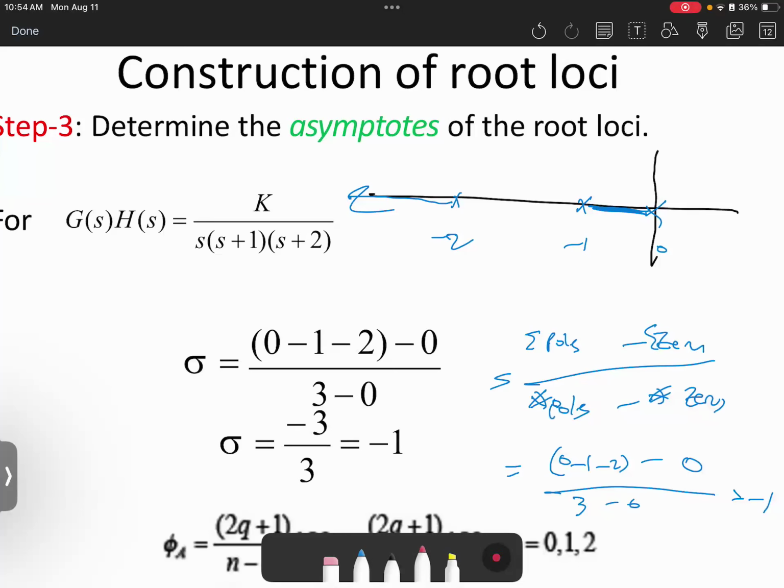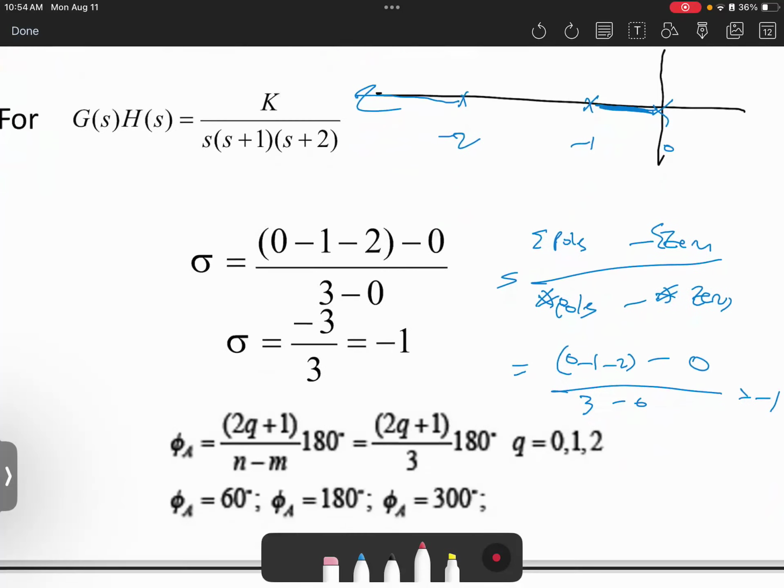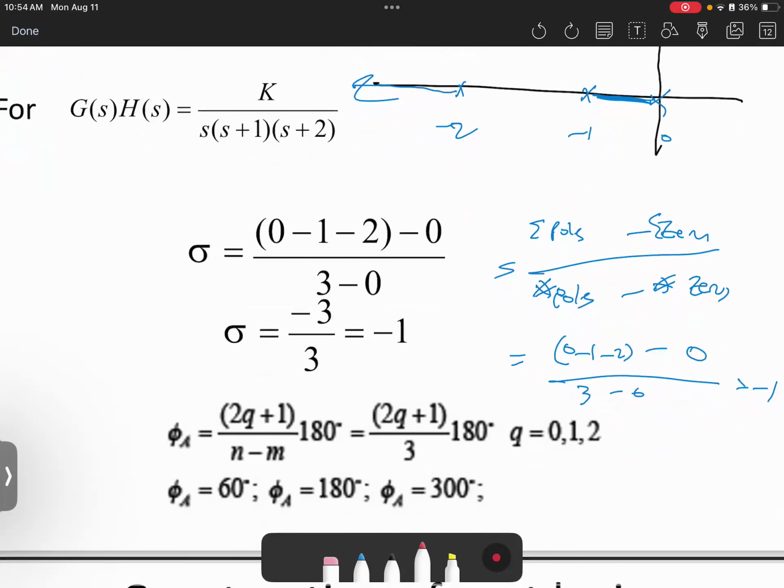This does not mean they will start collision at -1, but I would say the asymptotes of it will go at -1. However, in order to calculate, the angle will be (2q plus 1) divided by (n minus m), such that q is 0, 1, 2, until the poles number. So we will start determining: substitute q0, substitute q1, q2, when we have 3 poles.